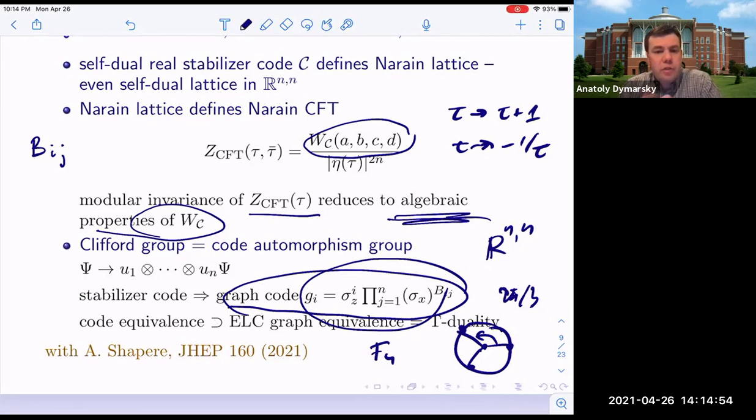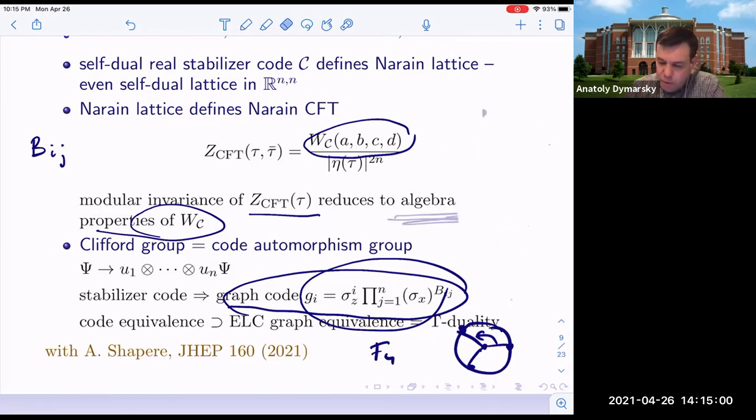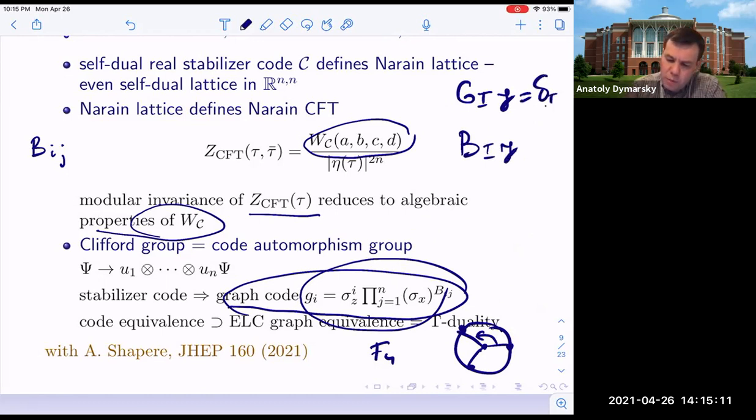And on a CFT side, you can use T-duality and always bring your compactification. So remember that your compactification is specified by the metric and B field. So apparently by using T-duality, any code theory can always be brought to compactification on a unit cube. Well, it's not unit, it's a square root of 2, but it doesn't matter, a unit cube.